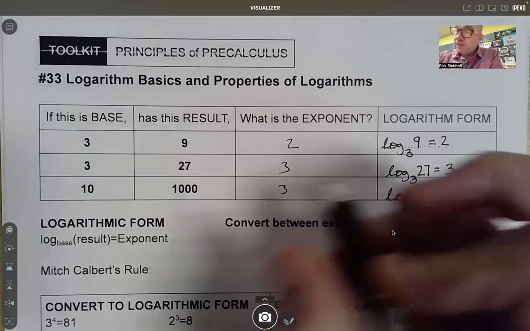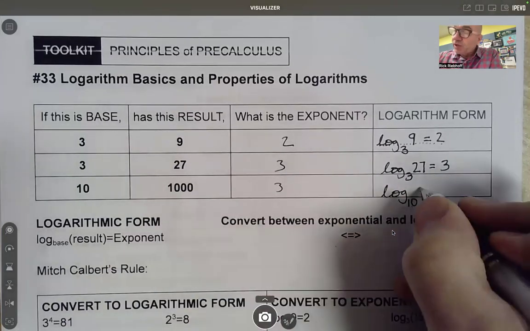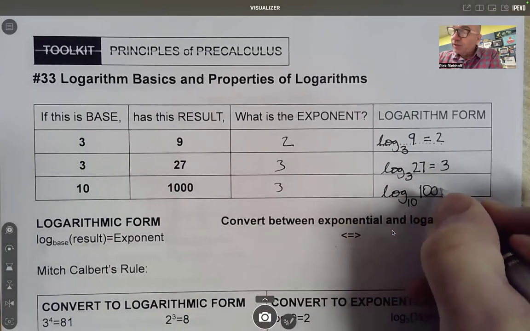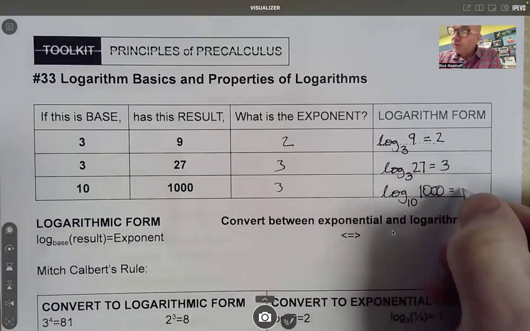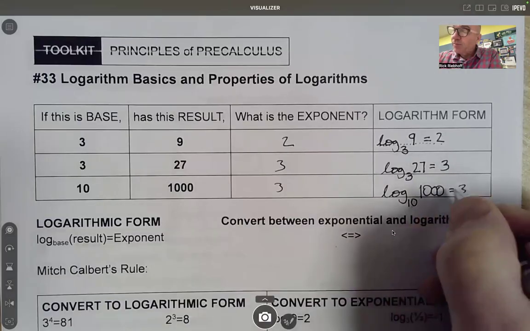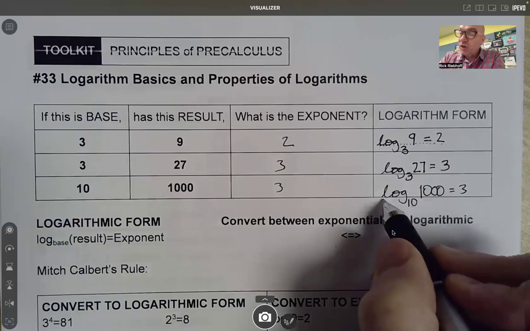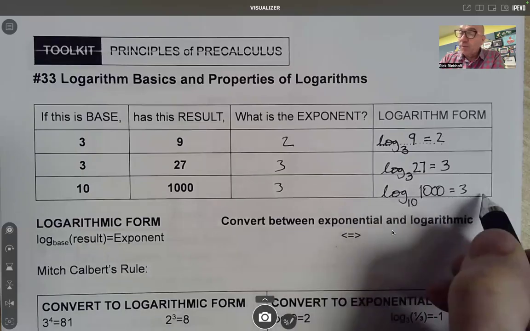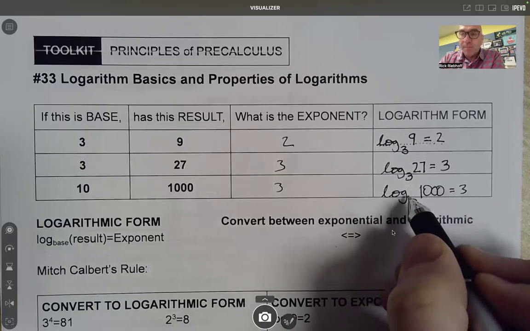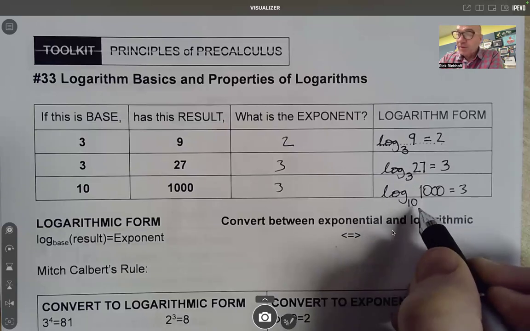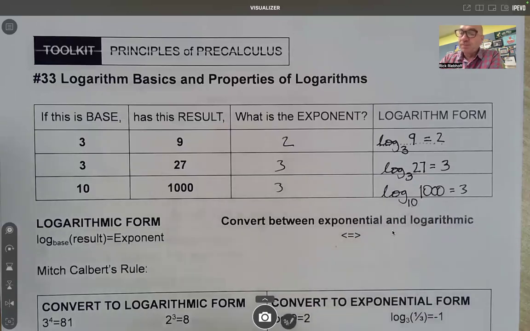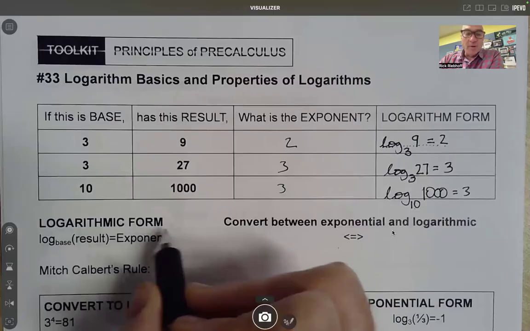That's the base. The argument, or the result, goes here, 1,000 back on the line, and that equals 3, because 10 to the third power is 1,000. So get used to writing in logarithm form, making sure that everything's on the normal line except for the base. The base is a subscript.